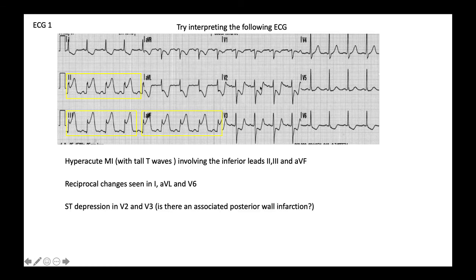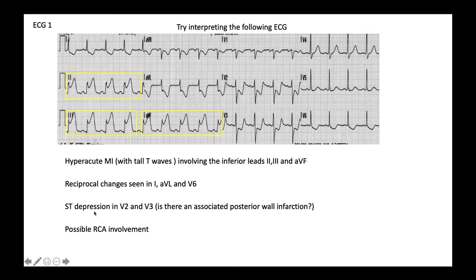ST depression in V2 and V3, as I mentioned earlier, in the setting of inferior wall MI should give us a suspicion of a posterior wall infarction, and this is actually the reciprocal change of a posterior wall infarction.